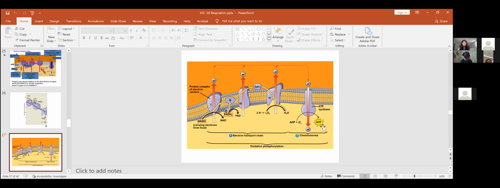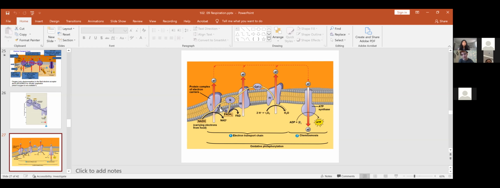So where do we get the energy from? Well, when NADH and FADH2 are oxidized, hence the name oxidative, those electrons are high energy electrons. And the proteins of the electron transport system can accept and then pass on those electrons.